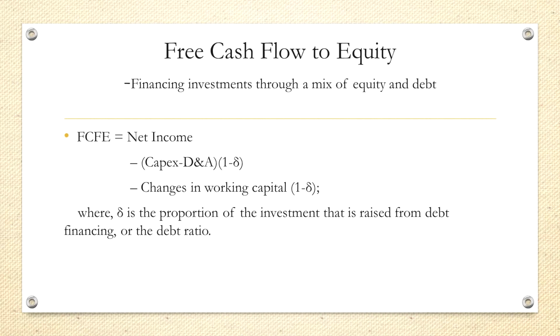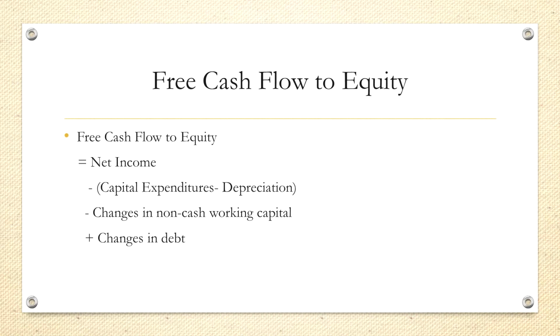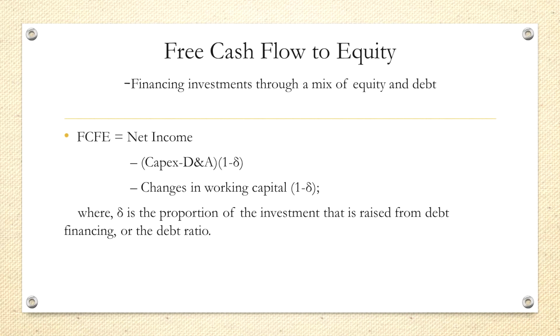And you add 1 minus this delta on the net capital expenditure as well as the investment in working capital to estimate this FCFE. Or alternatively, because this 1 minus delta term will lead to the same equation like this. Changes in debt is due to your investment through debt financing. It's the same as this equation.